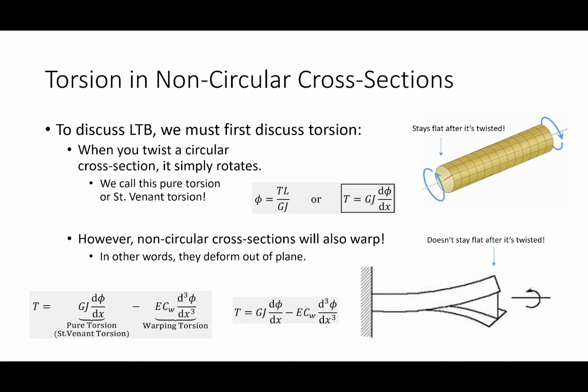If you go back to your notes, to that section of the course, take a look at the problems that you did and the questions that were on the exam, I would bet money that the vast majority of you were dealing with torsional problems where the cross-section was circular. In other words, the element that was being twisted was either some sort of solid circular shaft or some sort of pipe element.